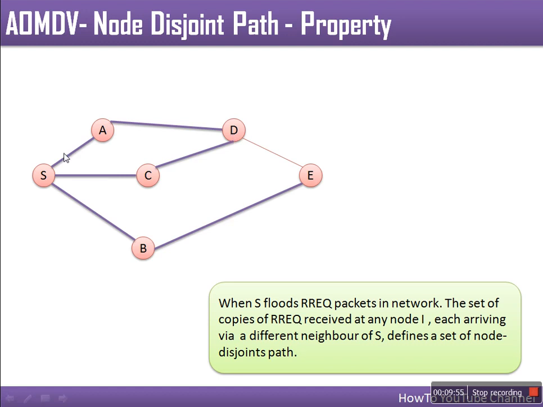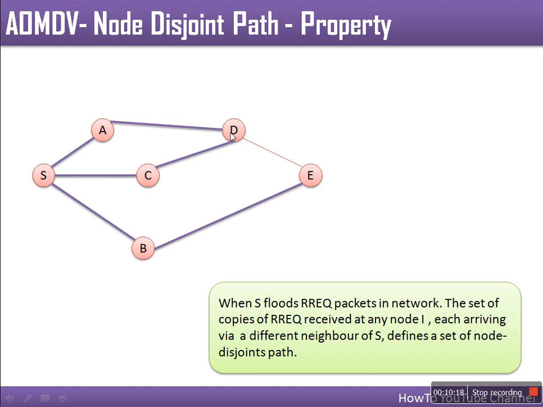So here this node has two options. It has received two route request query packets, one coming from neighbor A and one coming from neighbor C. So it can either broadcast the first route request packet coming from A, or forward the other packet coming via C.